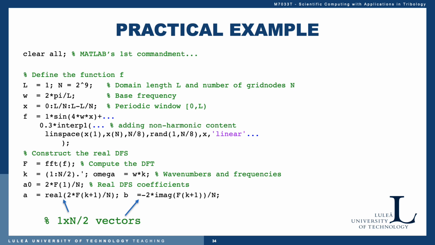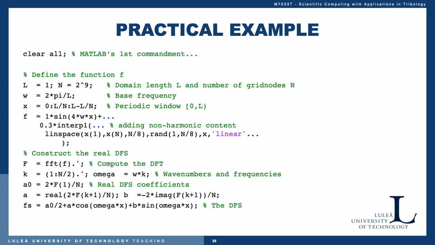So now we have a and b, they are actually 1 by n over 2 vectors, and in this way we have made it very simple to write the Fourier series like this.